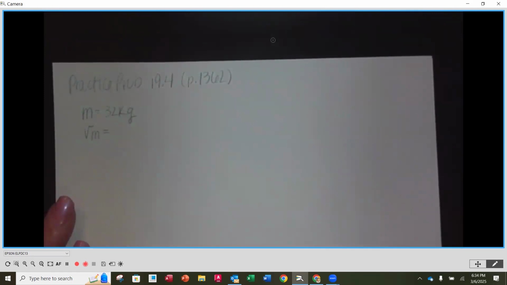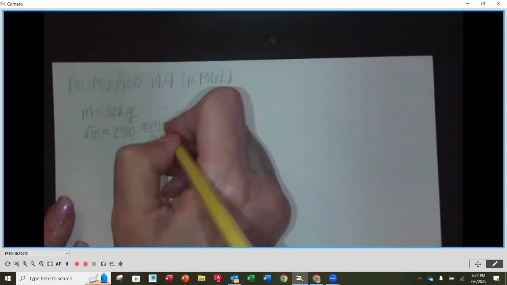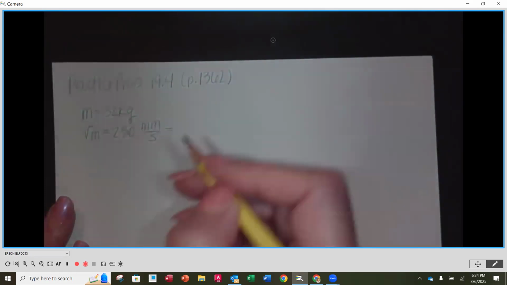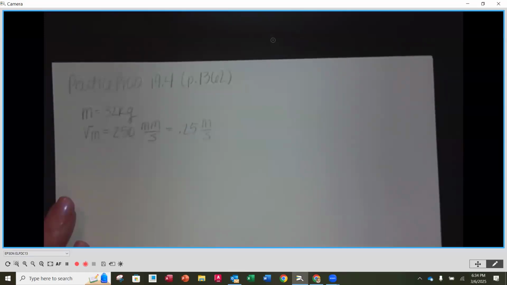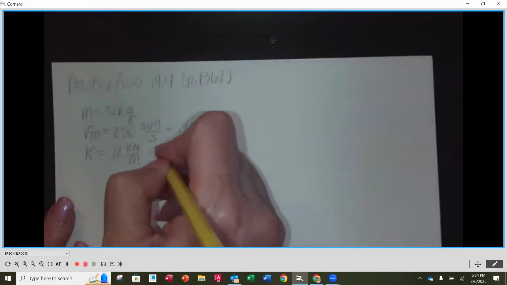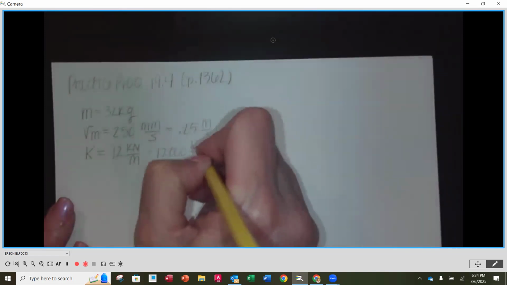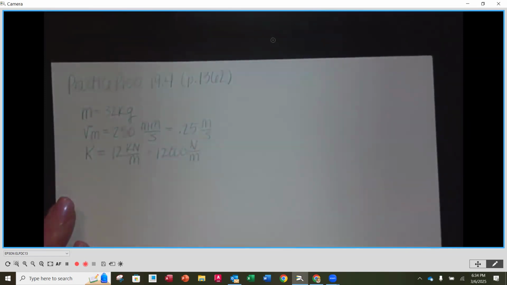The maximum velocity, when that hammer hits the block, is 250 millimeters per second, which we need in meters per second, 0.25 meters per second. That's the quantity we use in our equations. And they're giving us the k value of the spring of 12 kilonewtons per meter, which is 12,000 newtons per meter.